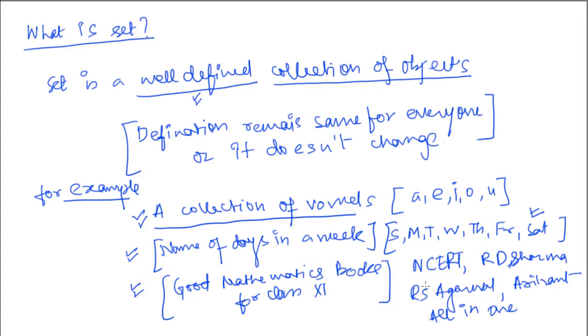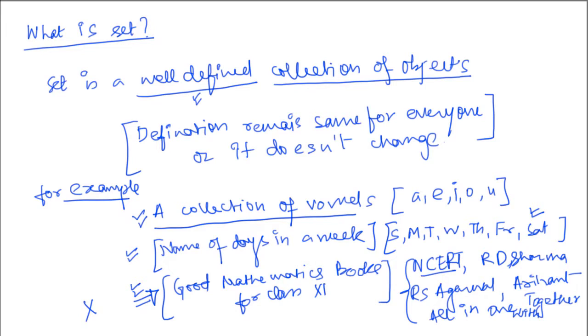So this definition varies from person to person. Some students like NCERT, they face problems in RD Sharma, or some of the teachers would say that NCERT is sufficient enough to do all the questions of the chapter. Someone says go for RD Sharma, someone will say go for RS Agarwal, someone will say Arihant, all in one, or someone can say okay, go for Together With. So this definition varies from person to person. So this definition is not well defined. So we'll say this is not a set.